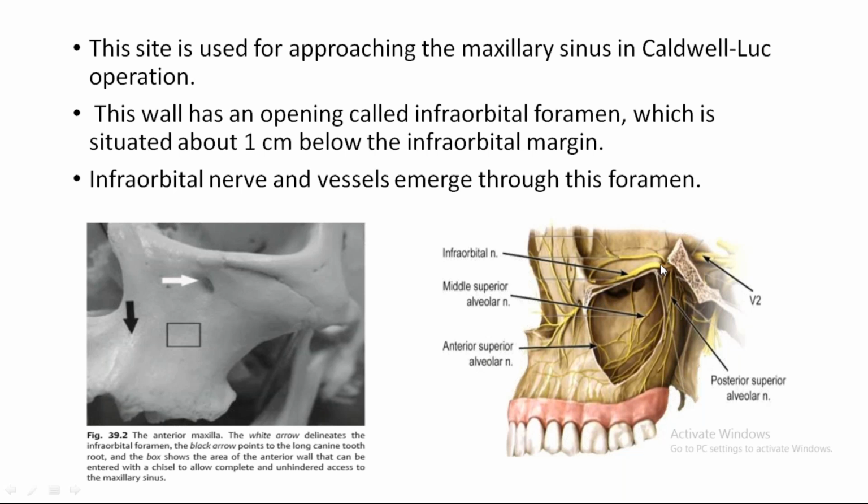It comes through the inferior orbital fissure, and then along the floor of the orbit, and comes out through the infraorbital foramen. Then you have the middle superior alveolar nerve and the anterior superior alveolar nerve. These are all arising from the maxillary division of the trigeminal.